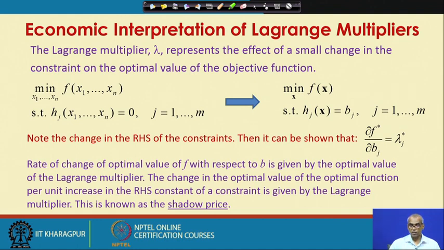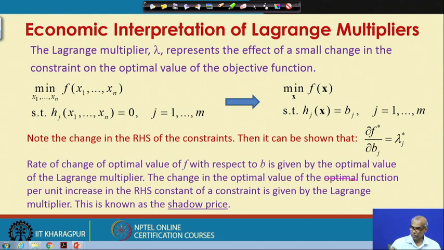This is known as shadow price. So what is shadow price? The shadow price is the change in the optimal value of the objective function per unit increase in the right hand side of a constraint, and this is given by the Lagrange multiplier. So with this we stop here, and in the next lecture we will take some examples of the Lagrange multiplier technique.